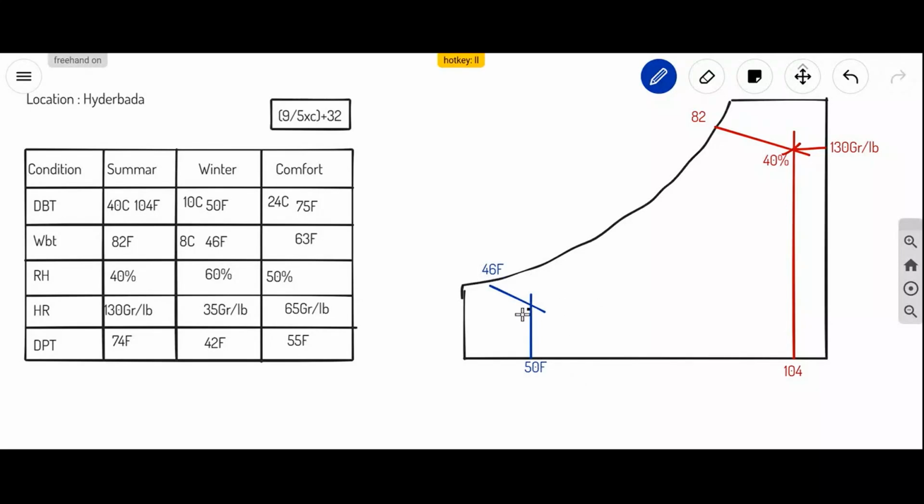Next, 60%. And this is 35 grains per pound.